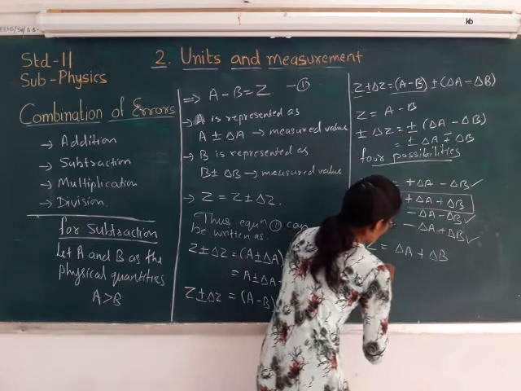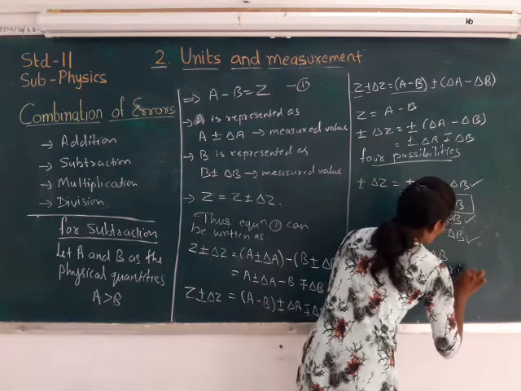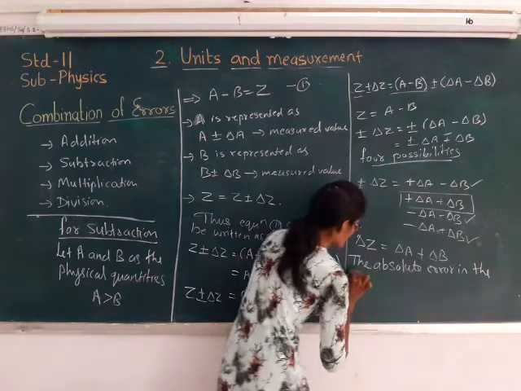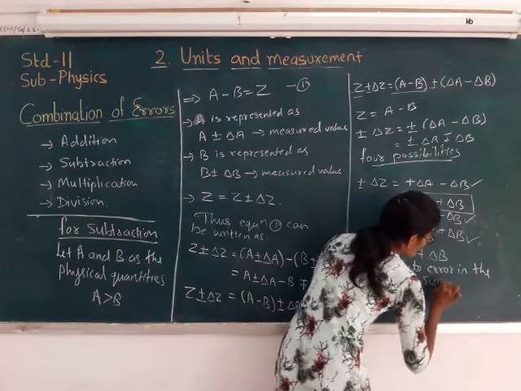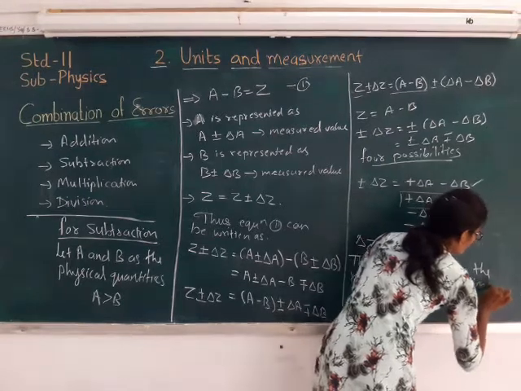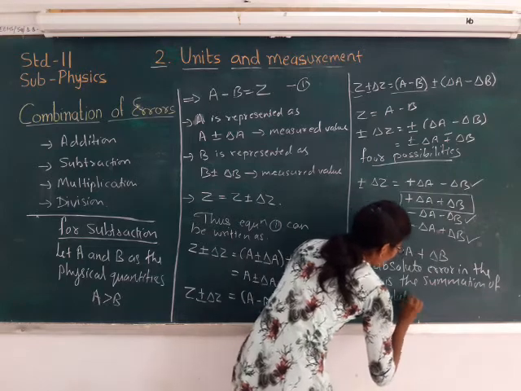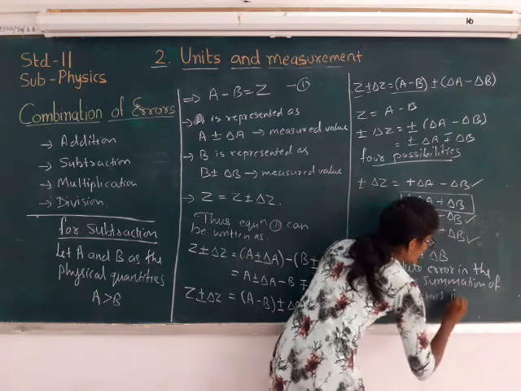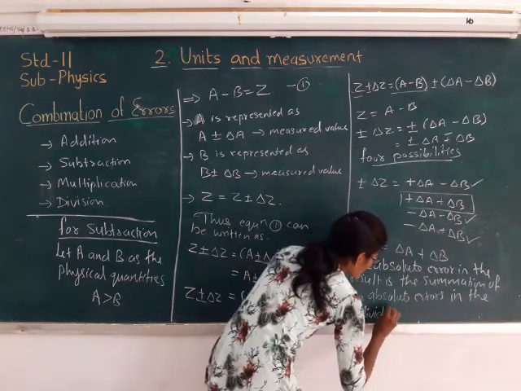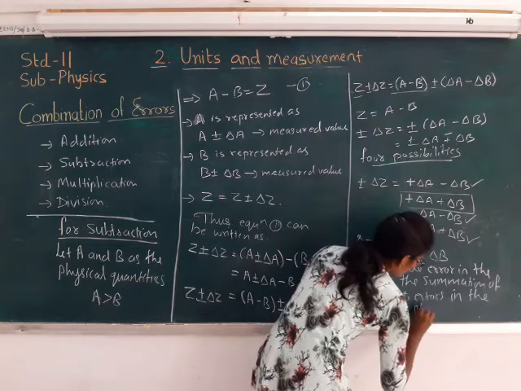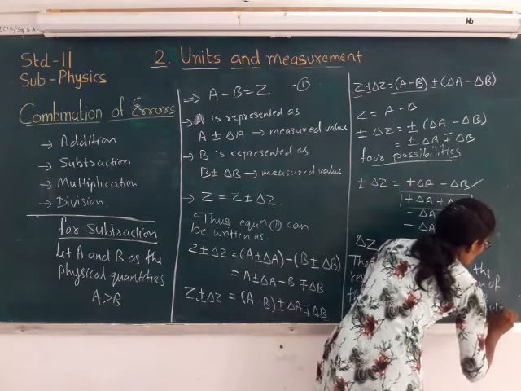For subtraction, the absolute error in the result is the summation of the absolute error in the individual physical quantities.